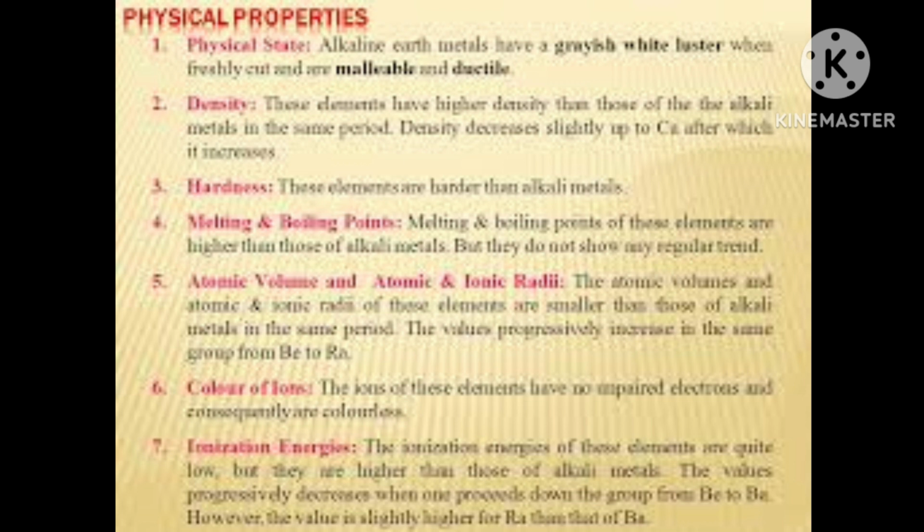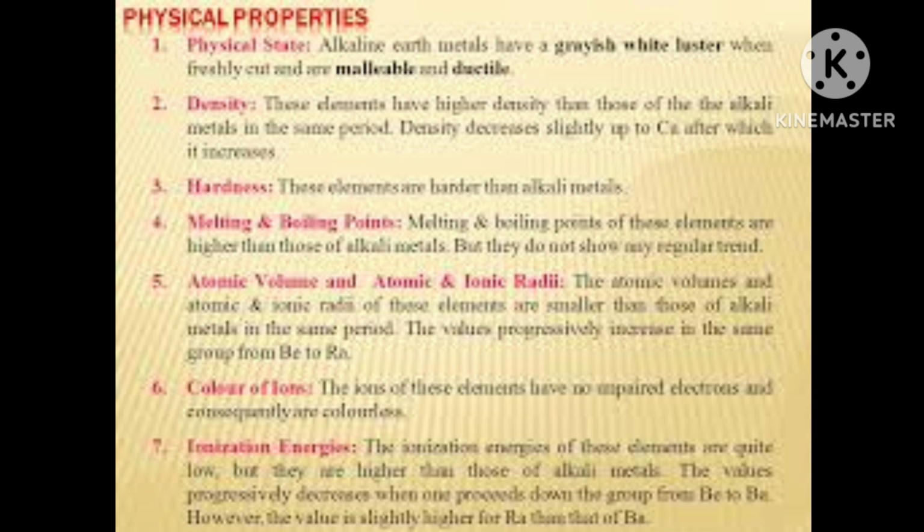Group 2 has a small size in comparison to group 1, so obviously the ionization energy will be more. But in group 2, as you go down, it will decrease. But in comparison to group 1, it will be more.